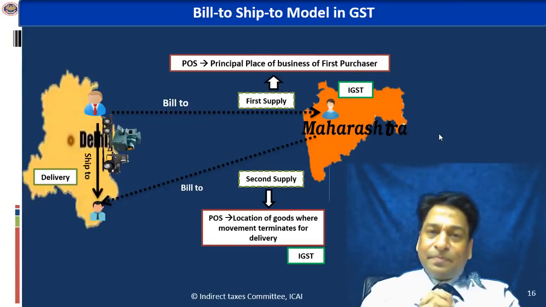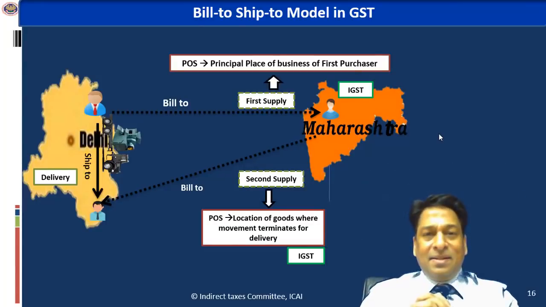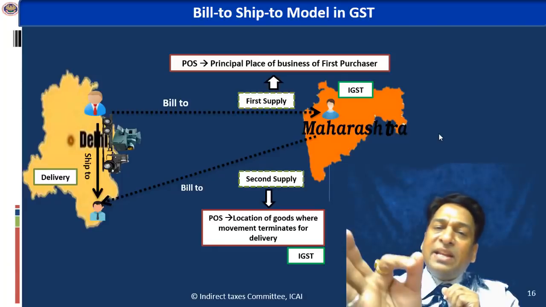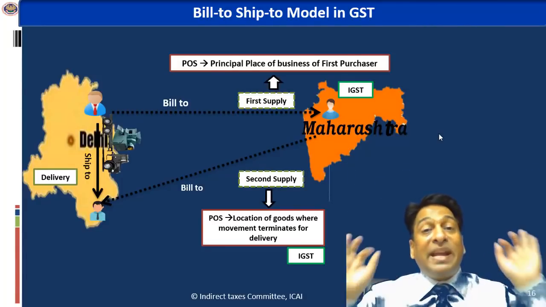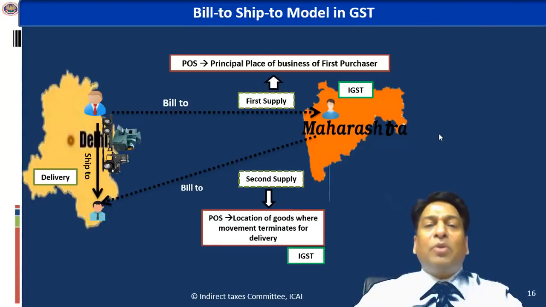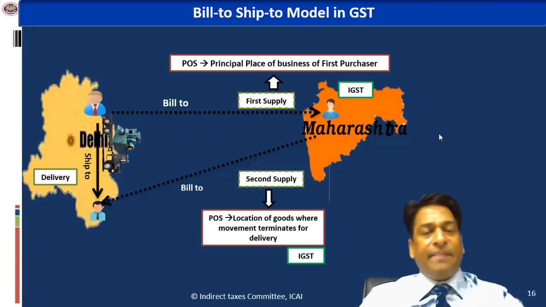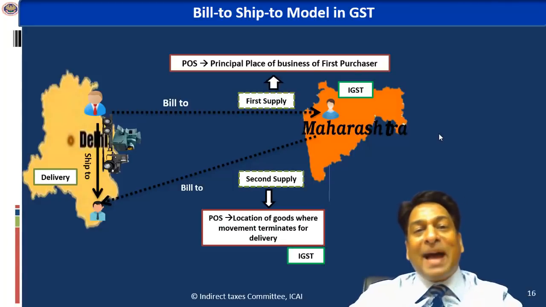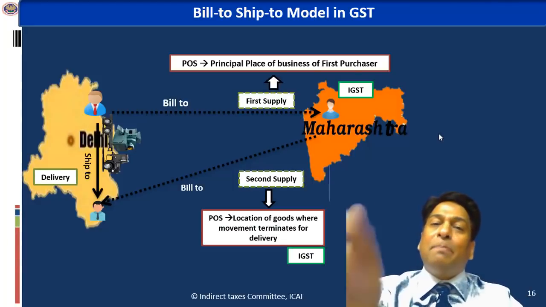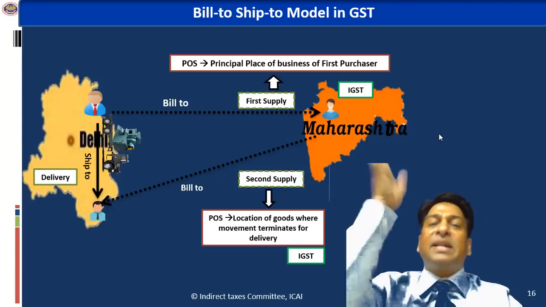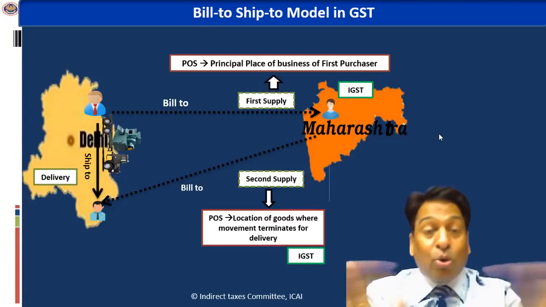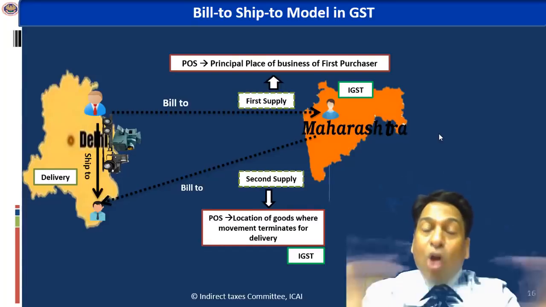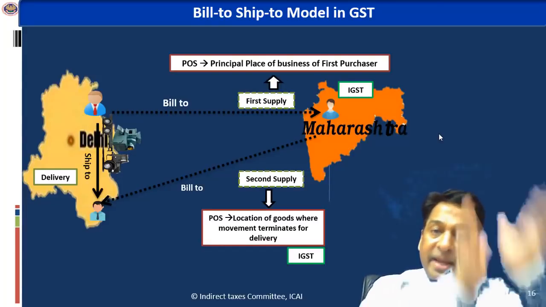Now tell me, in this case, is A to B intra or inter? The first question. It is going to be interstate, no doubt, because the location of the supplier is Delhi, and the place of supply would be the place of business of B in Maharashtra. Interstate, IGST should have been charged. The goods are not moving out of the state of Delhi.